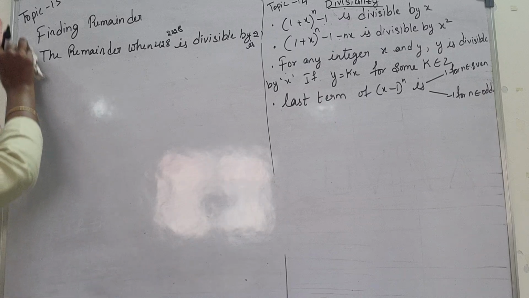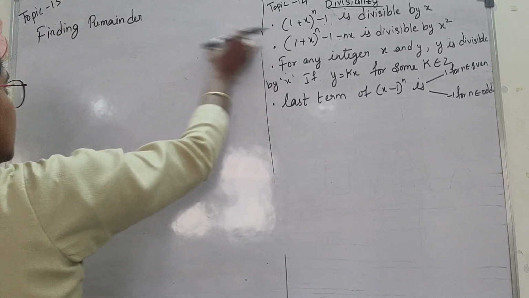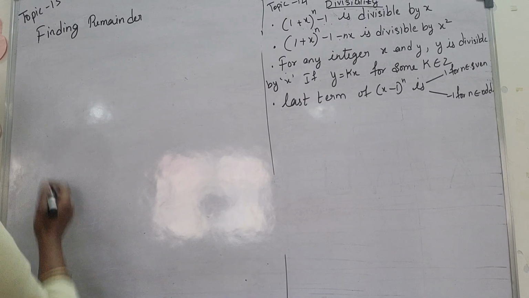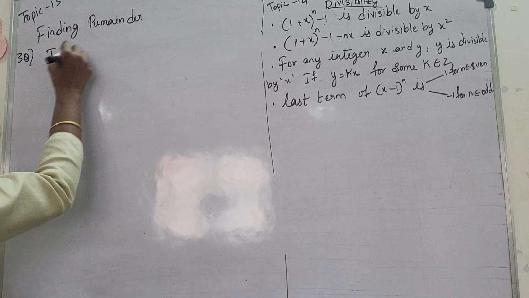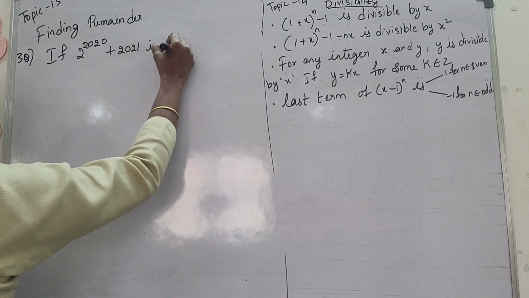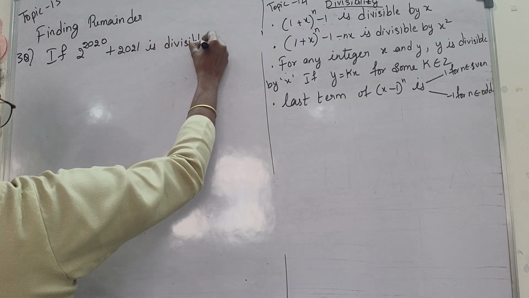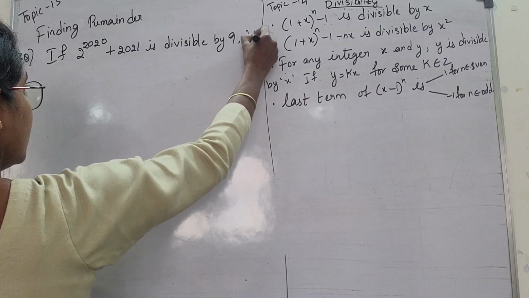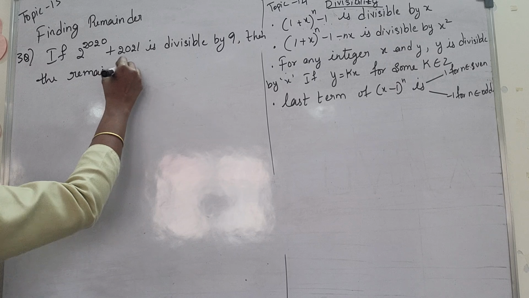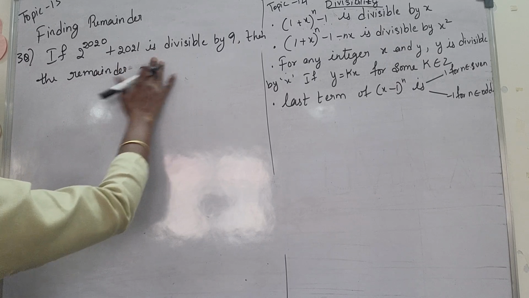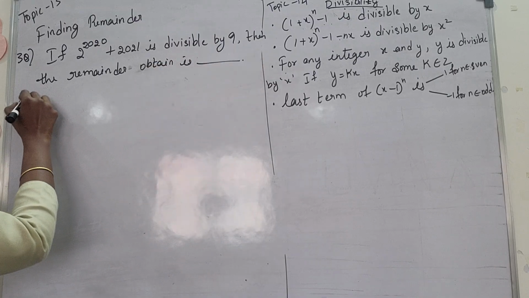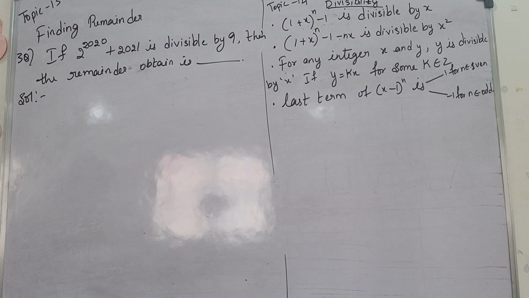Third question: if 2 power of 2020 plus 2021 is divisible by 9, then the remainder obtained is... Okay, the same thing, here they gave us separate numbers.